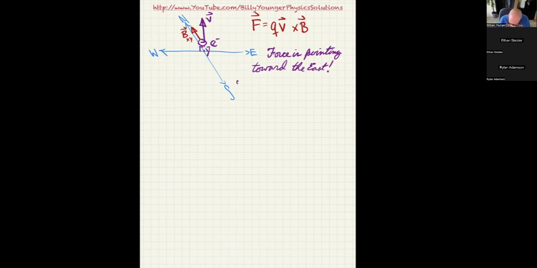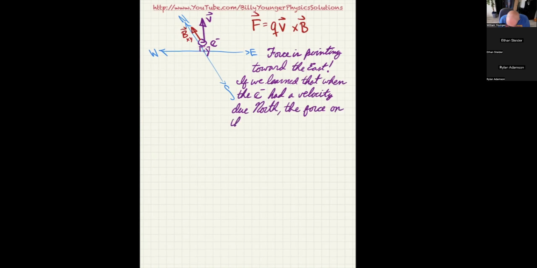So I'll say that if we learned that when the electron had a velocity due north, the force on the e minus is 0, then we can conclude the B sub Z is equal to 0.